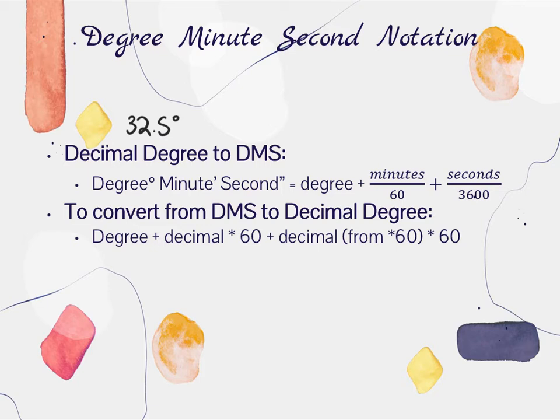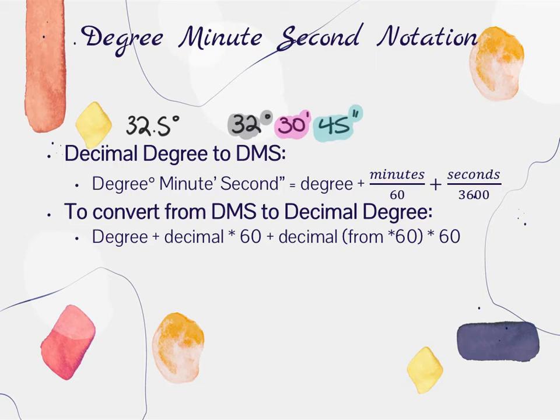Degree, minute, second notation looks like 32 degrees, 30 minutes, 45 seconds. The first thing is always your degrees, with a degree symbol. The second thing has a single tick mark, and that is minutes. The third thing has a double tick mark, and that is seconds.